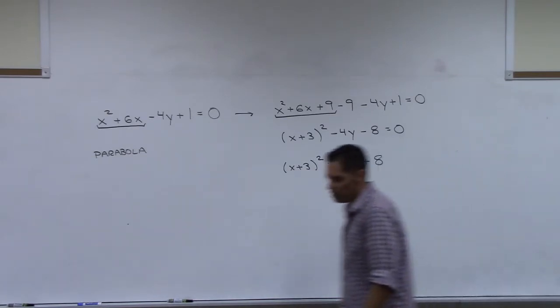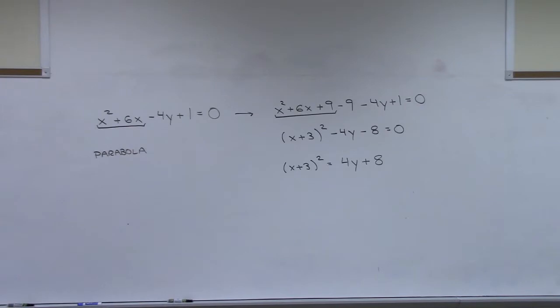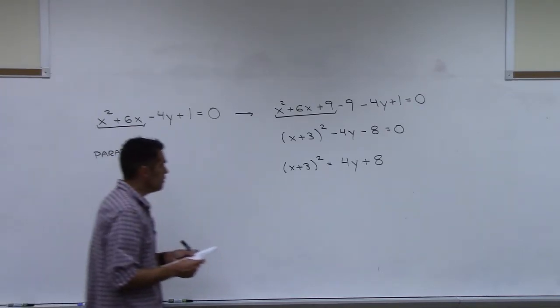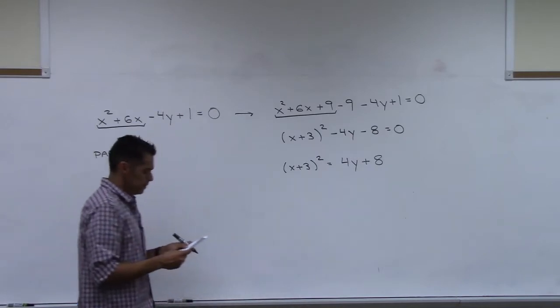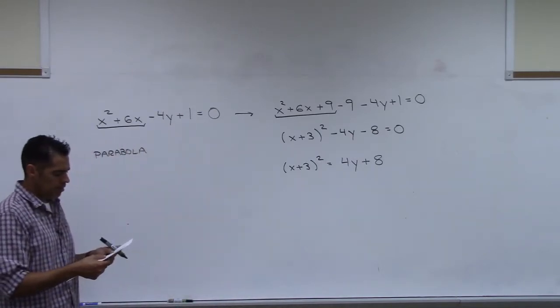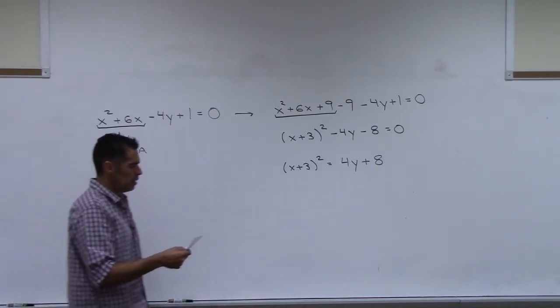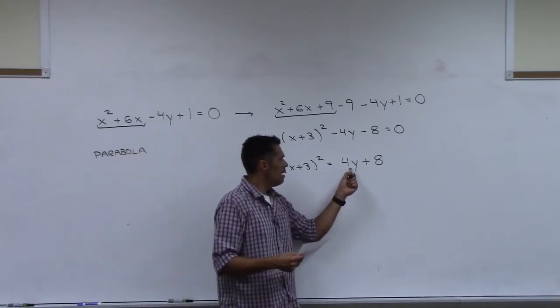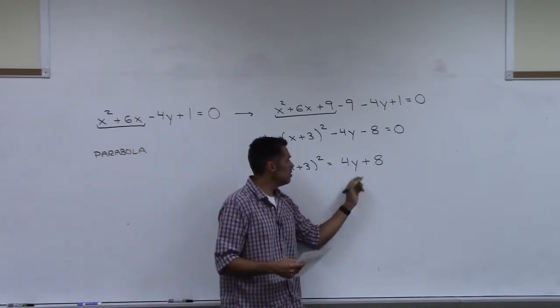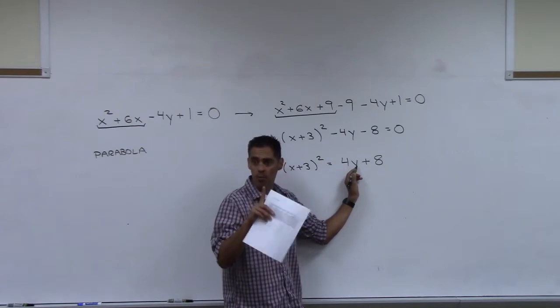And this is starting to look a lot like one of these two here. What do I still need to do? GCF. I need to pull out. The way you should look at this is you need this y to be a 1y.